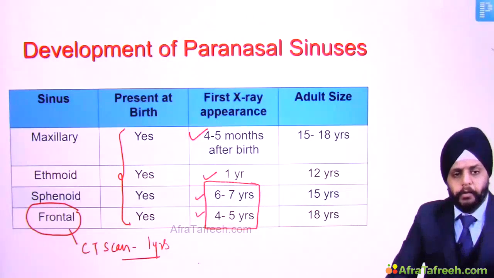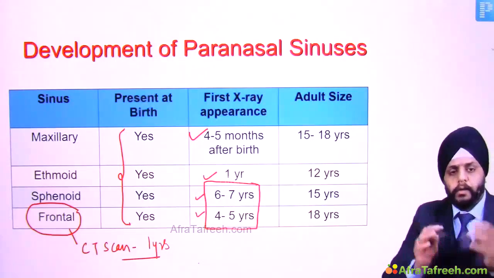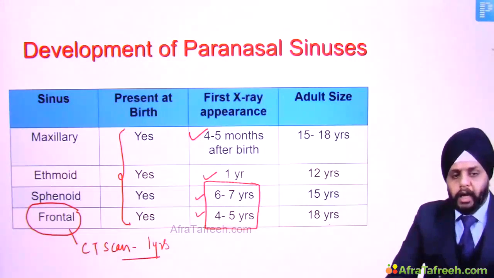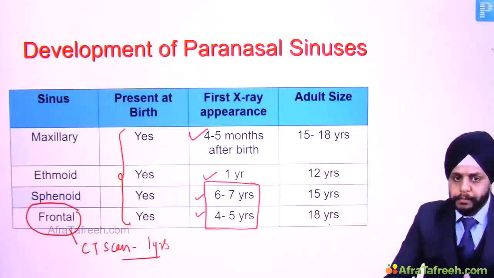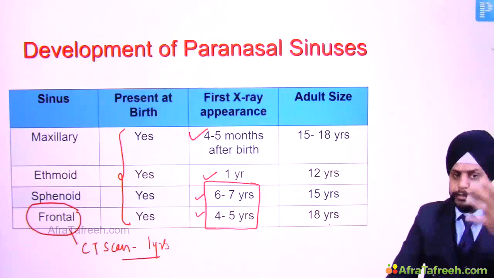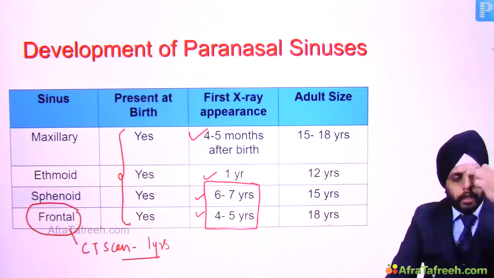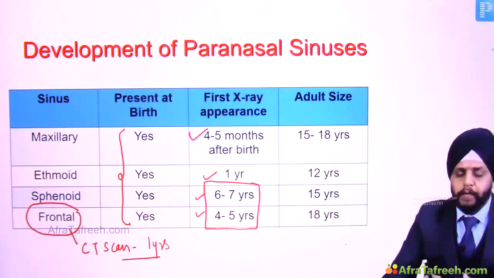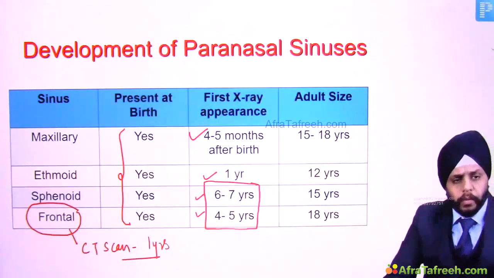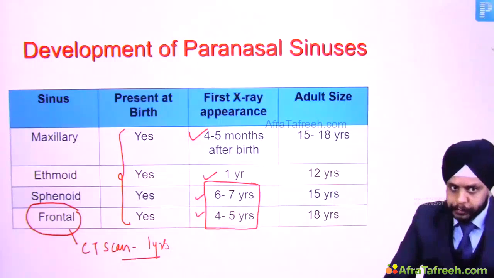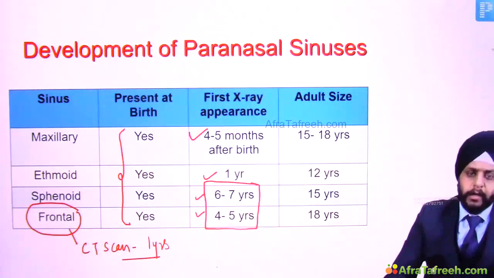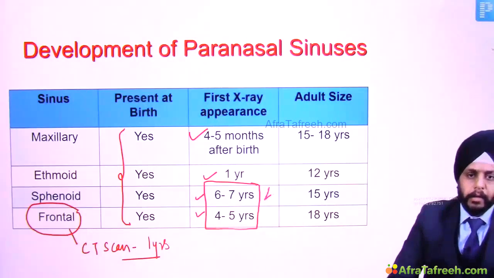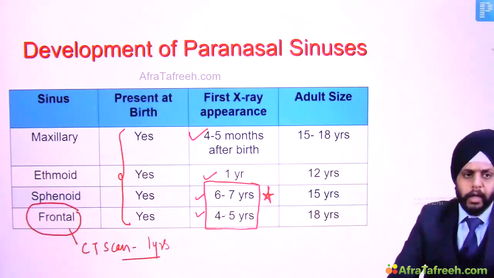The sphenoid sinus is quite in the depth, in the center of the skull, so it will take time to appear on a plain X-ray. Frontal, however, is superficial, and as soon as it crosses the brow line, there is no important structure there that will interfere with the imaging, so we can quickly see it after 4 years of age. This information is given incorrect in many undergraduate textbooks, so please remember the correct information.